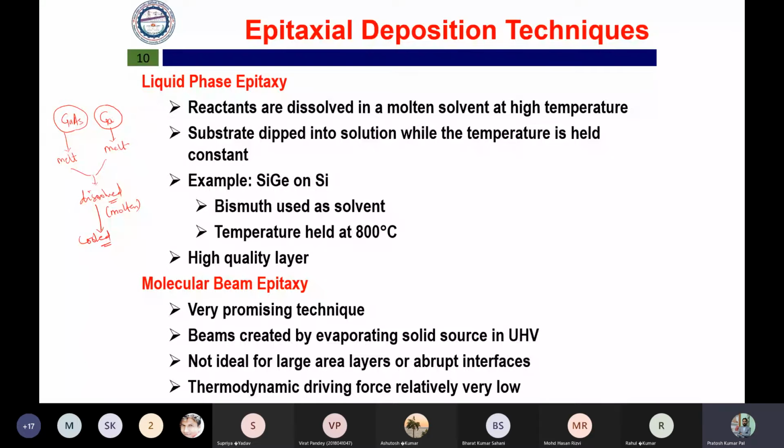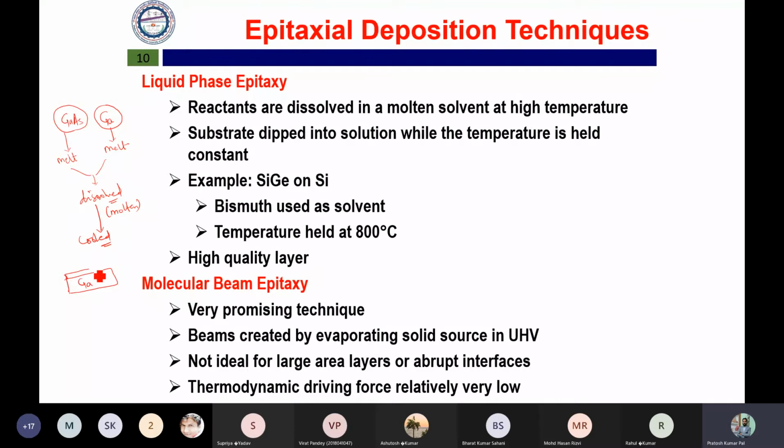Once it is cooled, gallium is there and this is gallium arsenide. The two will have different cooling temperatures, so once one is cooled, the second one will be cooled onto the surface.